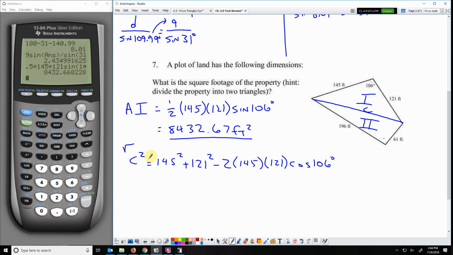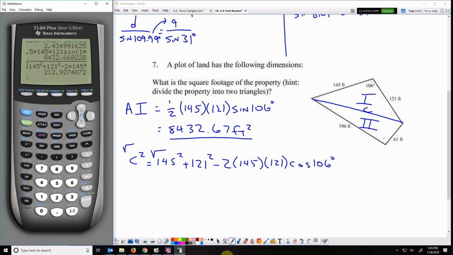To get C by itself, I just need to take the square root. So the square root of this whole side, 145 squared plus 121 squared minus 2 times 145 times 121 times cosine 106.